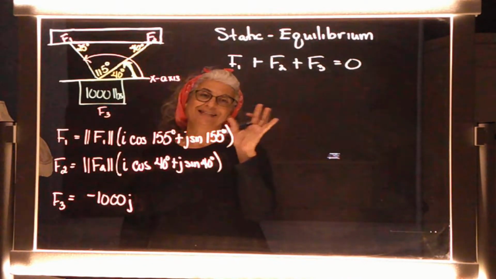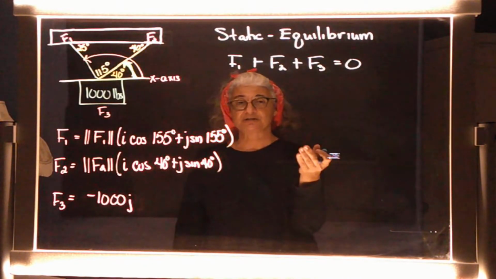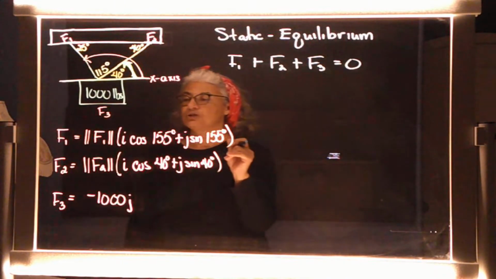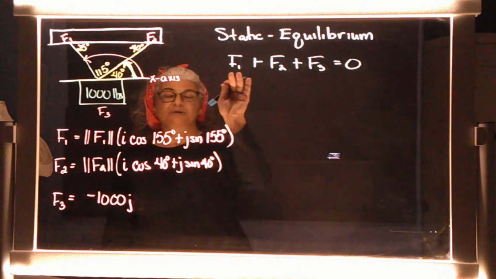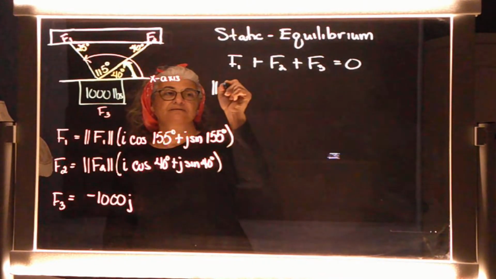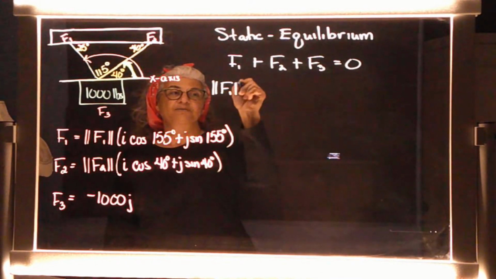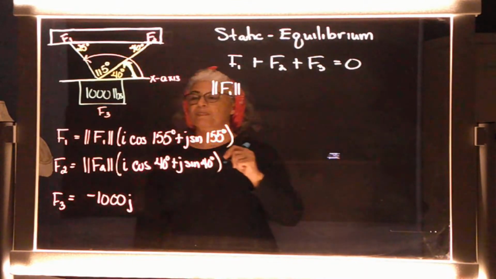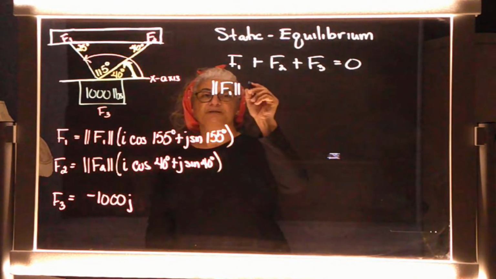I can only add things that are the same. Do you agree? Okay. So, when I take F1, I am going to take its magnitude, and I am going to distribute it.